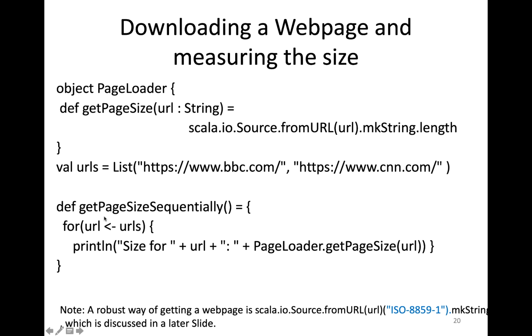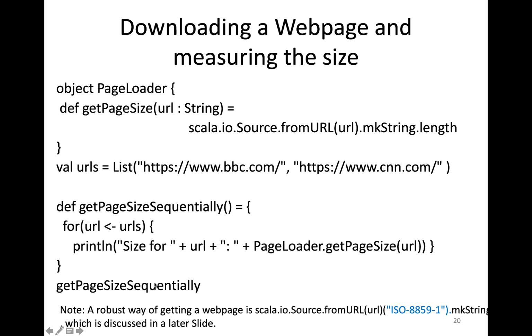We want to work with those two URLs sequentially, and that means a regular program. So here we use a for loop, get each URL, call the helper function and get the size, and we print that. That's straightforward, and we have to invoke this function to make this happen.